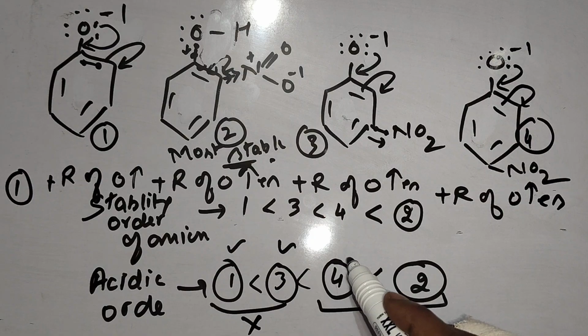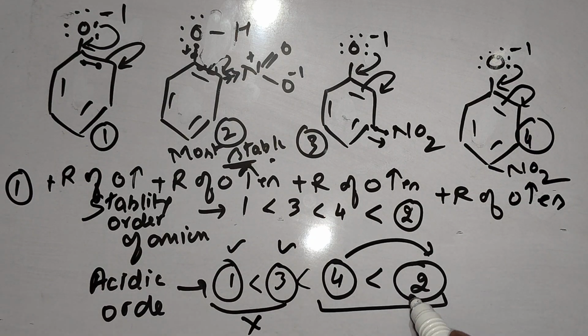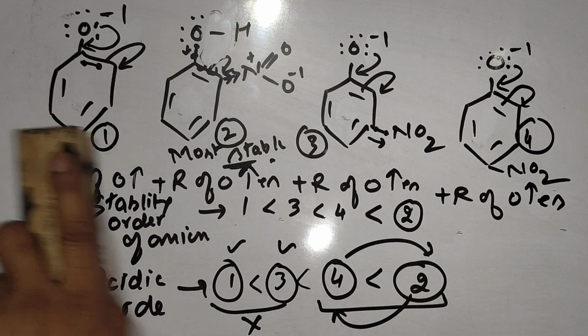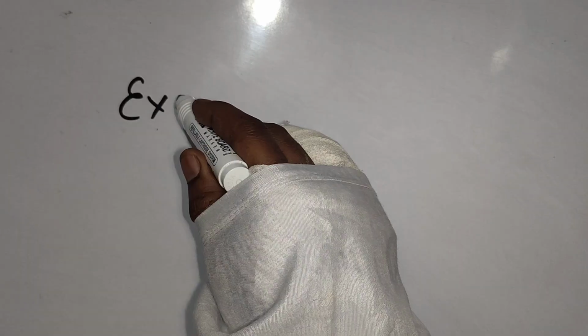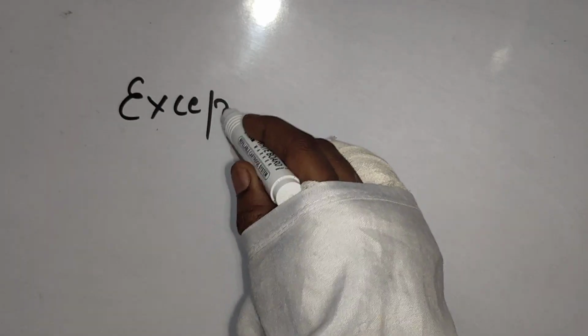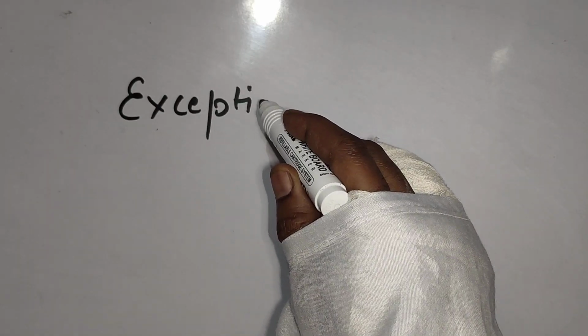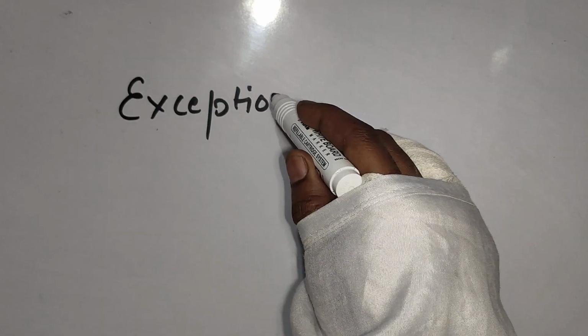What is the exception? Para-nitrophenol is more acidic than ortho-nitrophenol. This is an exception, note it down. Let's go for the reason now. Whatsoever exceptions come, I will tell you separately, and make a separate note for exceptional acidic nature.